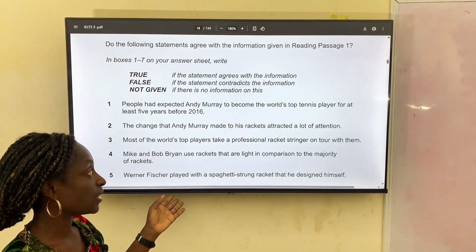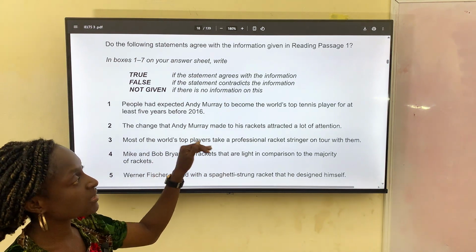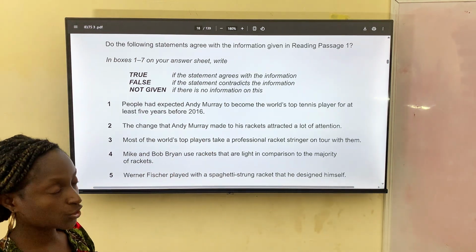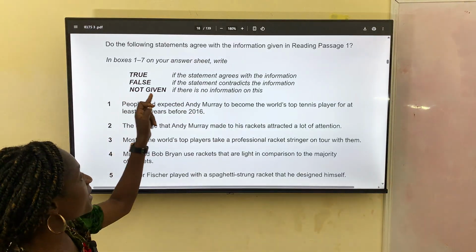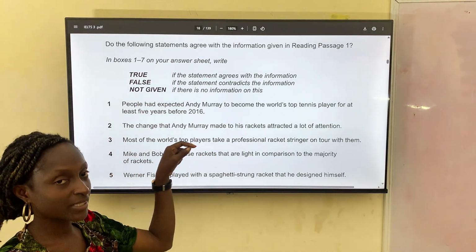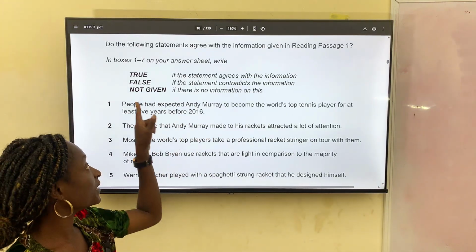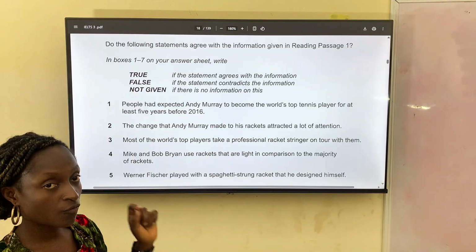That's everybody's assumption. So we were not really expecting him to become the world's top tennis player. That was not the expectation. So our answer is false because we can correct that expression from the passage. It is incorrect. That is what makes our answer false.